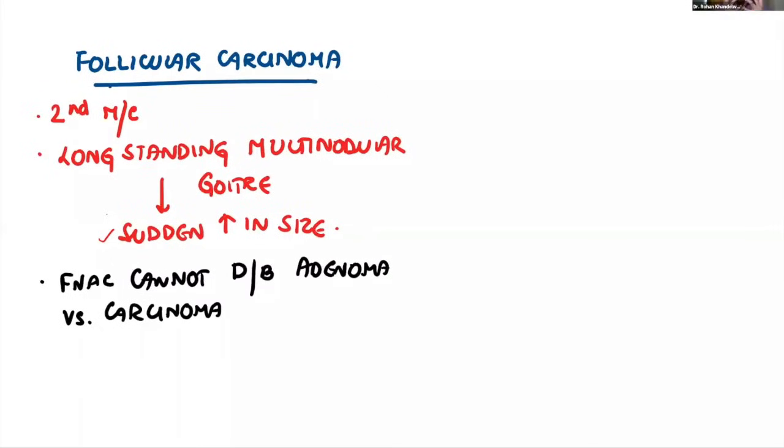No, if there is a multinodular goiter and sudden increase in size, it's more likely to be a follicular carcinoma. Anaplastic carcinoma's age group is different; it is seen in the fifth or sixth decade of life. FNAC cannot differentiate between adenoma and carcinoma, so the minimum surgery in such a patient will be hemithyroidectomy, and that's how we will come to the diagnosis.